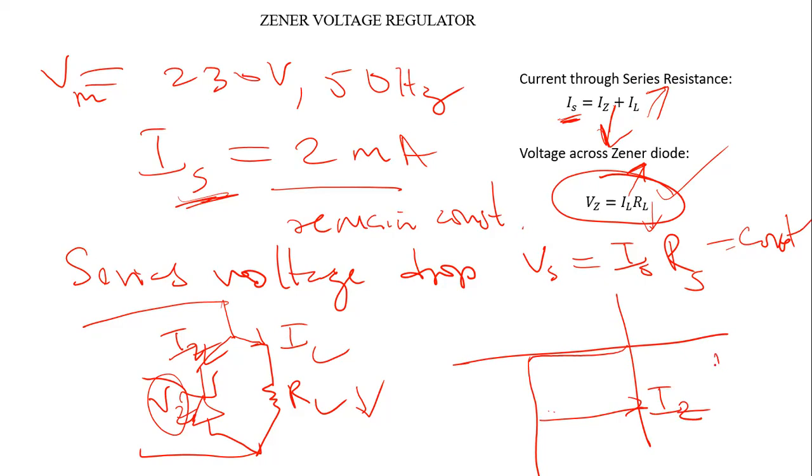Now the load resistance RL value drops down. If RL value drops down, in order to maintain the voltage across the load resistance constant, you have to raise your IL value. So when you raise your IL value, since IS is fixed, IZ value has to drop. So this is your reverse current IR. So IZ value will drop down.